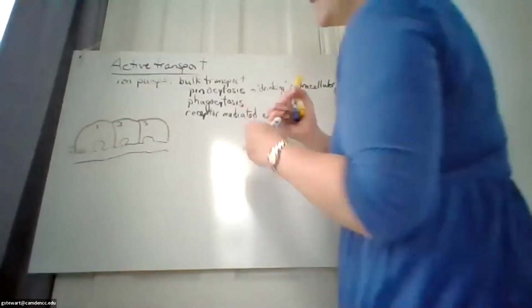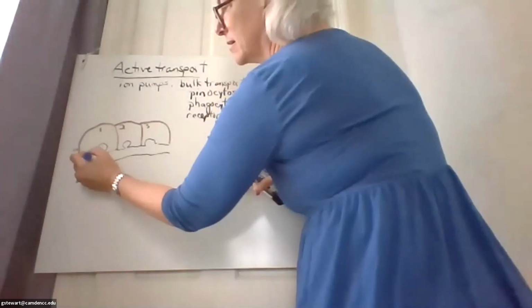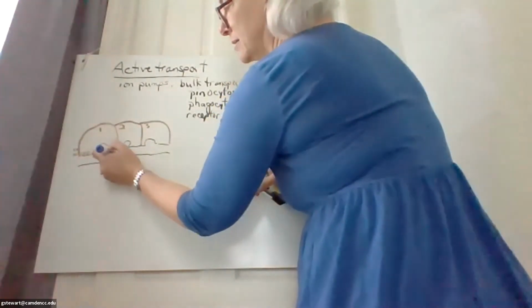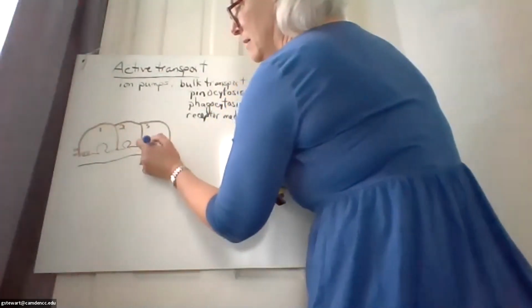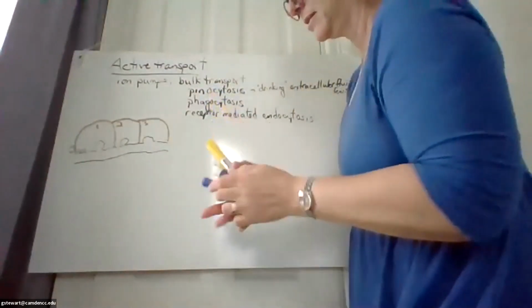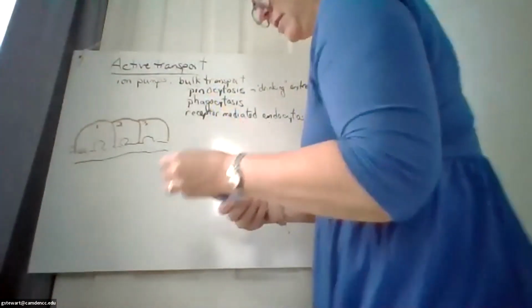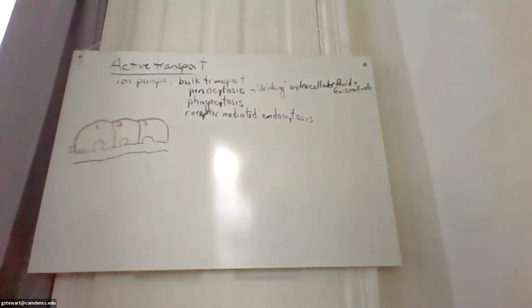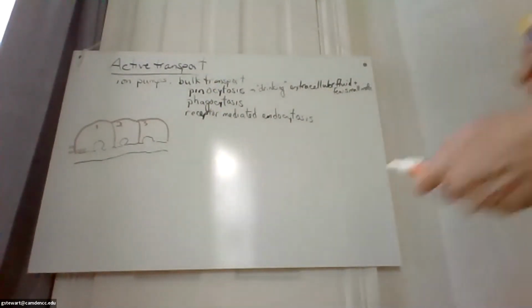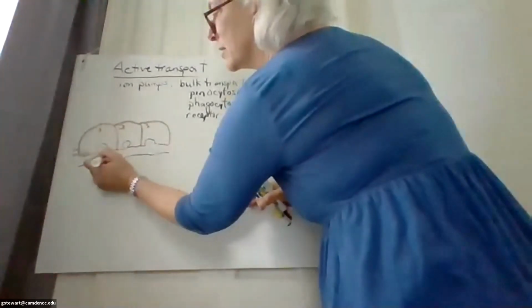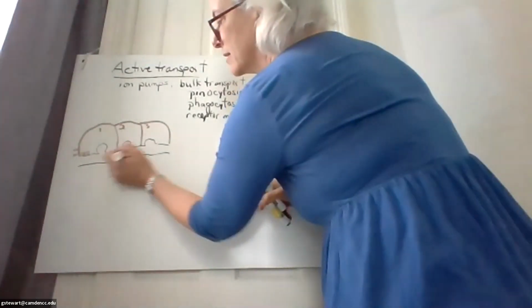And everything that's floating by here, I'm just going to make them be dots. I've got some blue dots, and I'll put some orange squares on there, right?